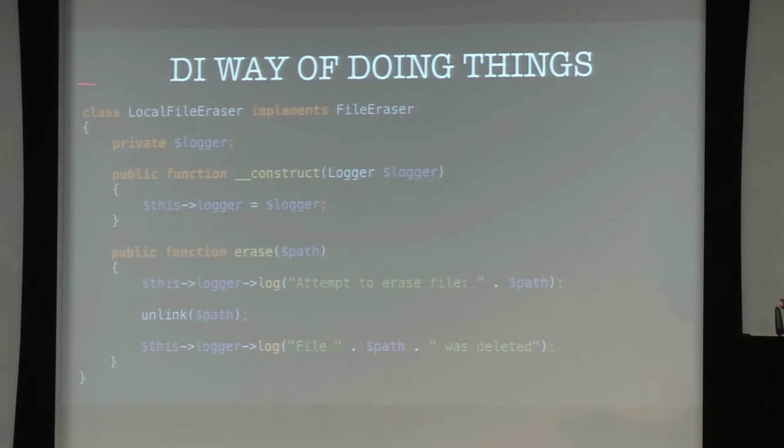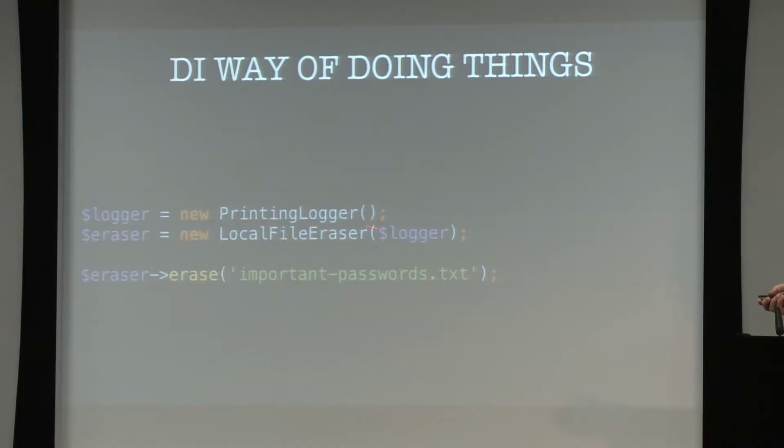And what we are doing with dependency injection, we are injecting the logger here, and just erasing here, providing the path. So what we really want is to call the erase just with the path, not caring about what the logger is. So every time we're calling this service, we're just providing the path.